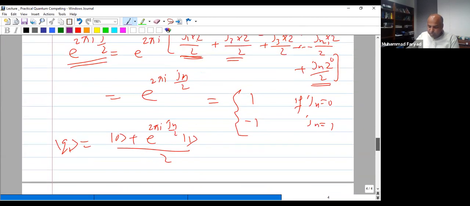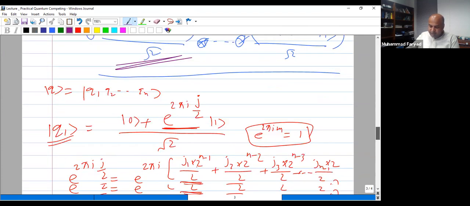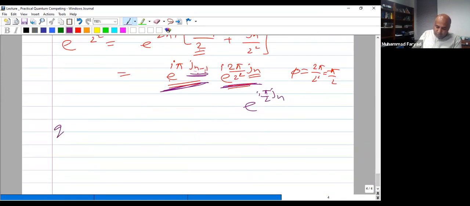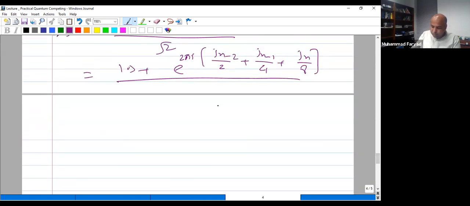Now let's see what Q3 is. Here's Q3, and I hope you can begin to see now that Q3 is 0 plus exponential 2 pi iota j over 2 power 3, times 1 over square root of 2, and this is nothing but 0 plus exponential 2 pi iota times jn minus 2 over 2 plus jn minus 1 over 4 plus jn over 8, over square root of 2.